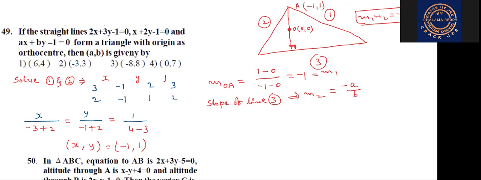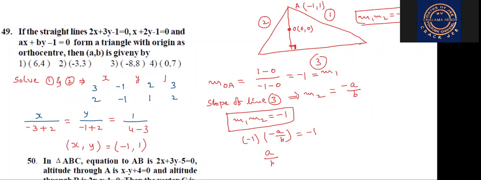These two are perpendicular, so use the concept M1 M2 is equal to -1, because two lines are perpendicular means the product of the slopes is equal to -1. Here, -1 into minus a by b is equal to -1, so a by b is equal to -1.